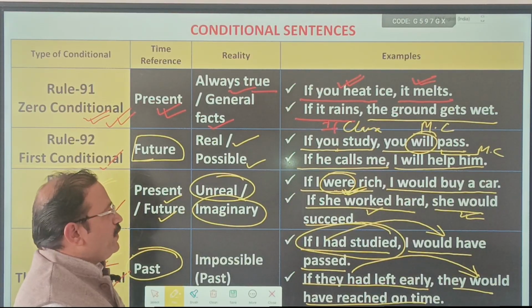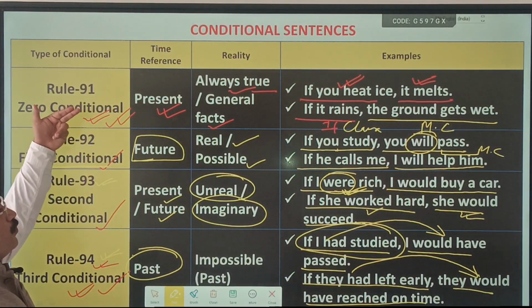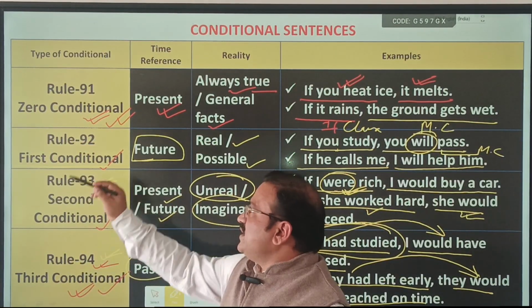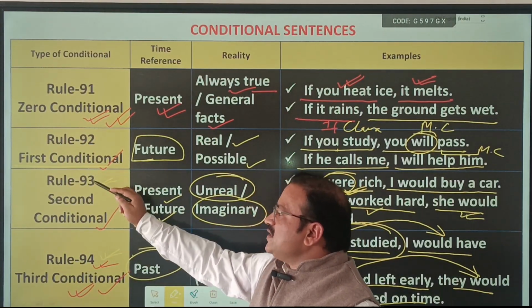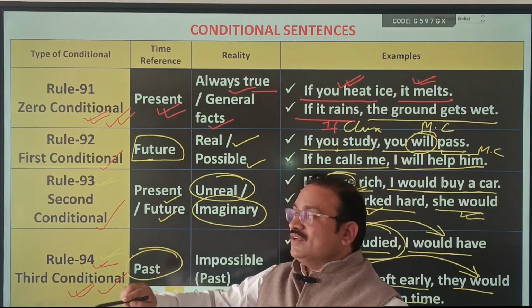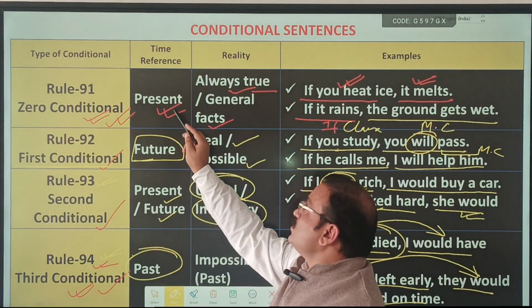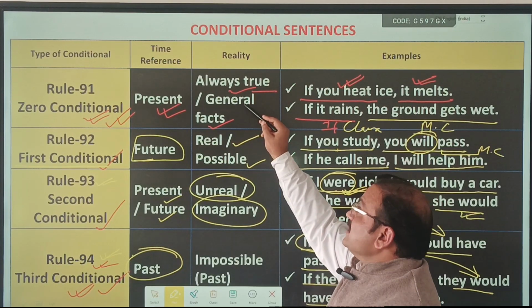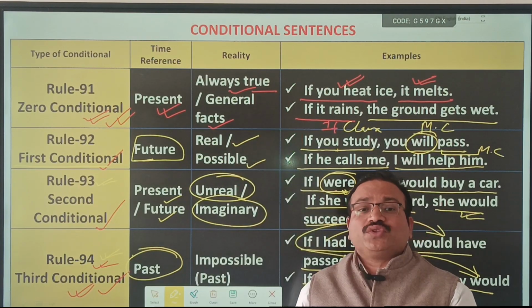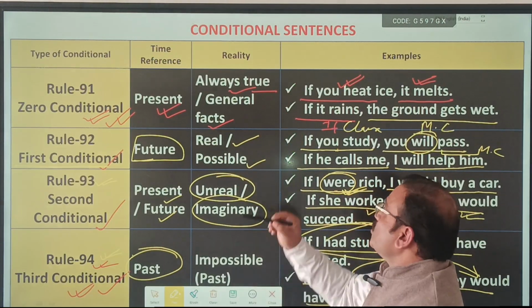So in a nutshell, what we can say that there are four types of conditional sentence. First is zero conditional, first conditional, second conditional, and third conditional. Zero conditional sentence talked about present time, present situation. It generally expresses what? Truth and facts, proven facts and truth.